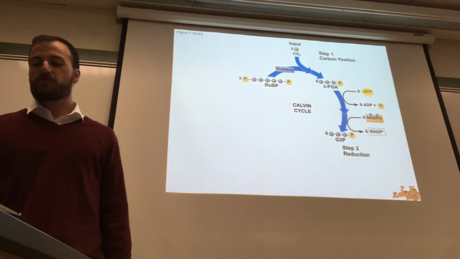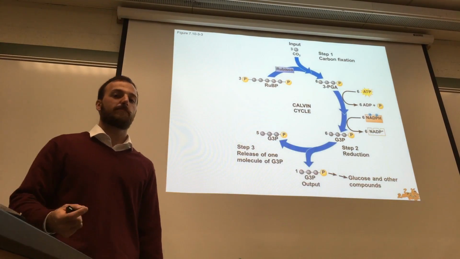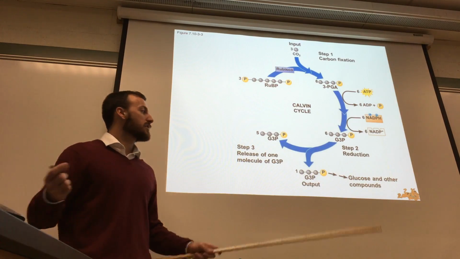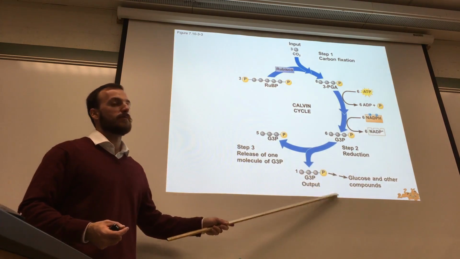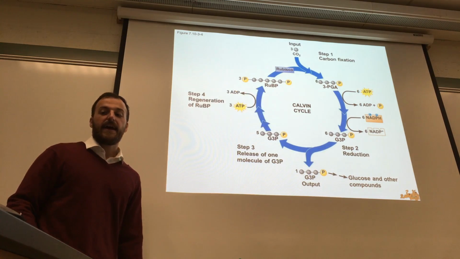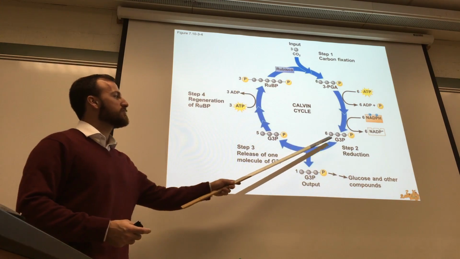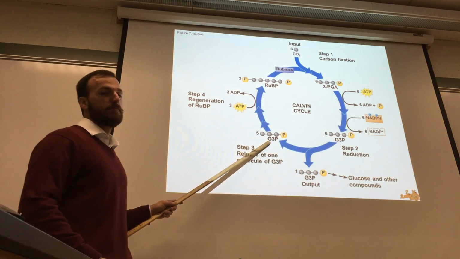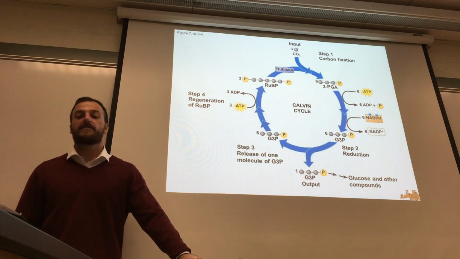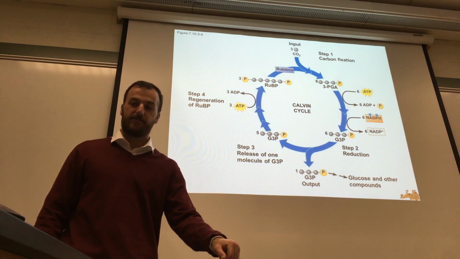So the goal here was really to build G3P, which is going to then come out of our cycle to form glucose or some other sugar. And then, of course, rounding out, this G3P is going to reform RuBP, and that is the Calvin cycle.